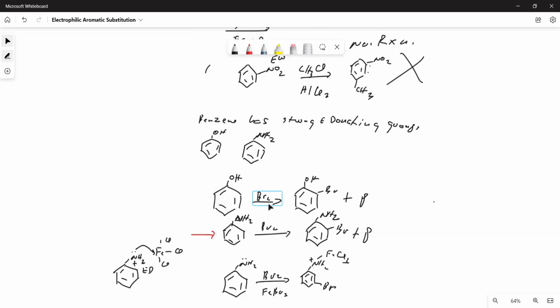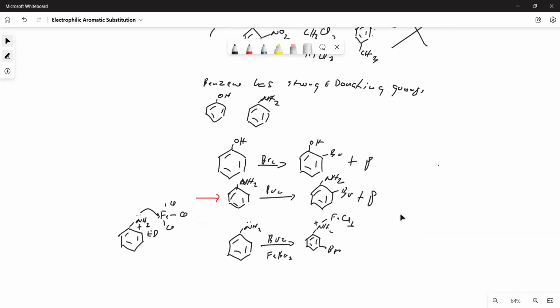Reaction can still happen. You just use bromine, it will produce the ortho and the para because OH is an ortho-para director. Similarly, if you have aniline, you have amino group. If you subject this to bromination, even without the Lewis acid, you will produce the ortho and the para also.